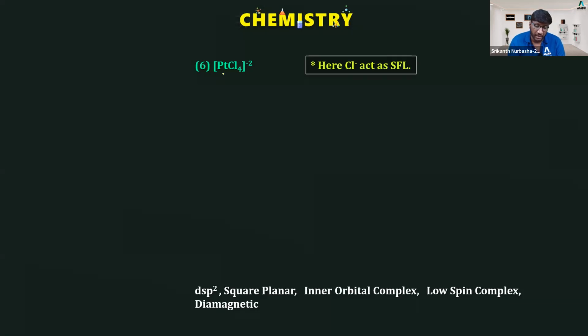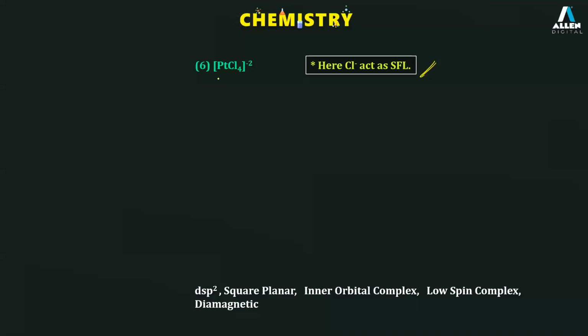These are not 3d series elements, so you do not have 3d inner orbitals. So Cl- will act as a strong field ligand. Strong field ligand means pairing of electrons occurs. Above platinum, what do you have? Nickel, d8.